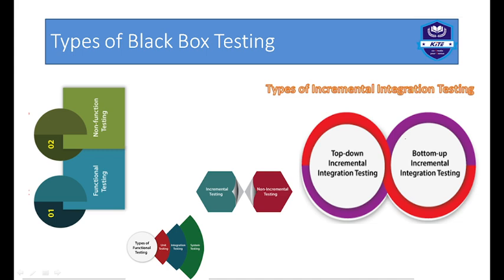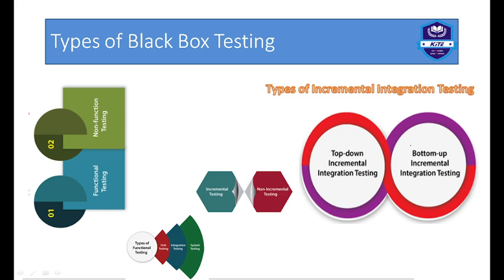Bottom up incremental testing means a module is always integrated with the parent module, and there are no child modules. The modules are integrated with the parent module and we check whether it is functioning correctly or not. That is top down and bottom up incremental integration.